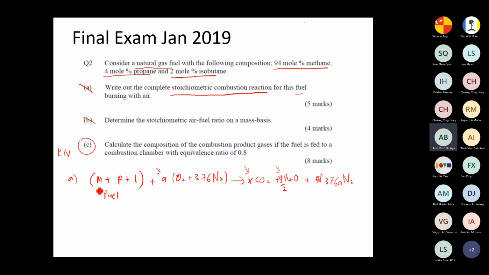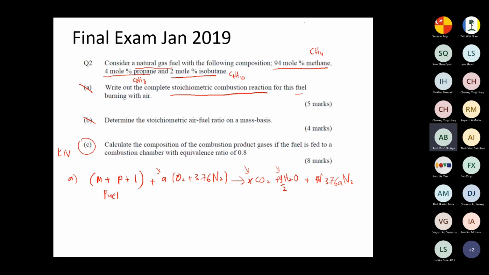Similar concept as previous slide. Find out what is the total number of C and H. In this natural gas, it only involves CH. So methane CH4, propane C3H8, isobutane C4H10.